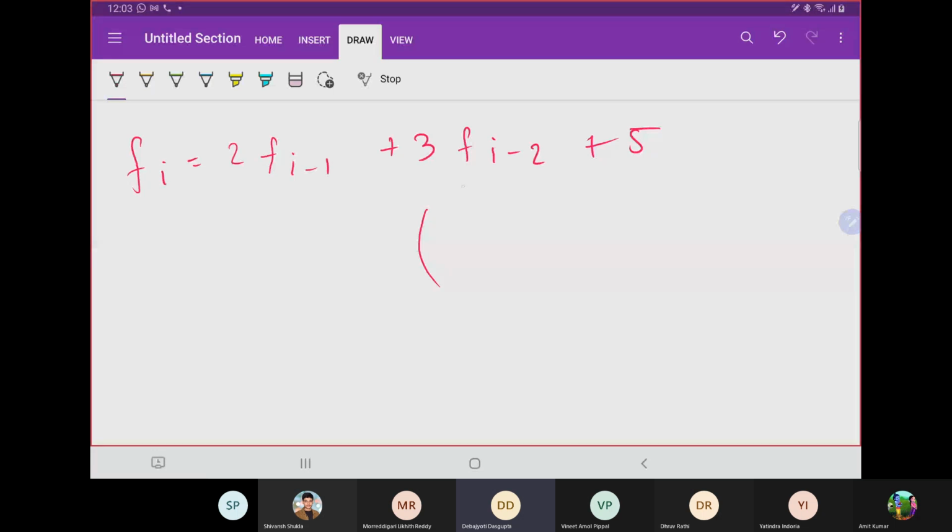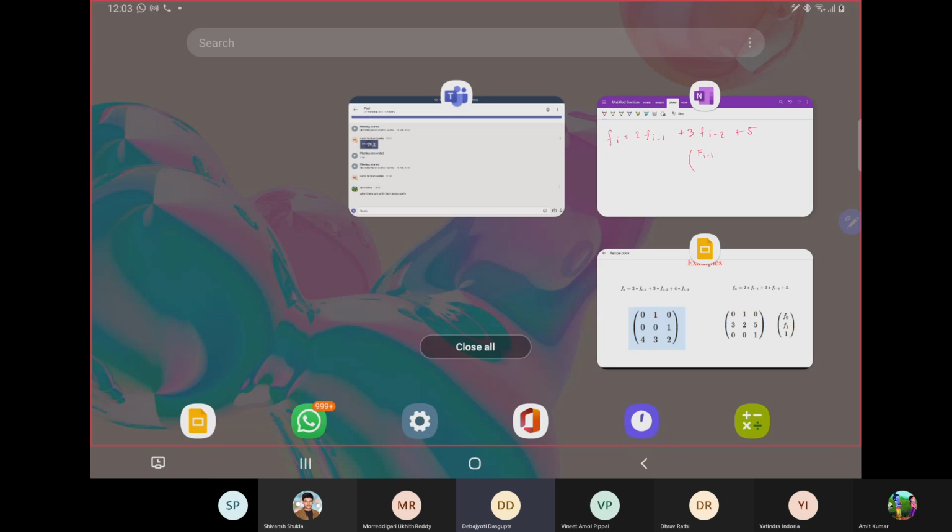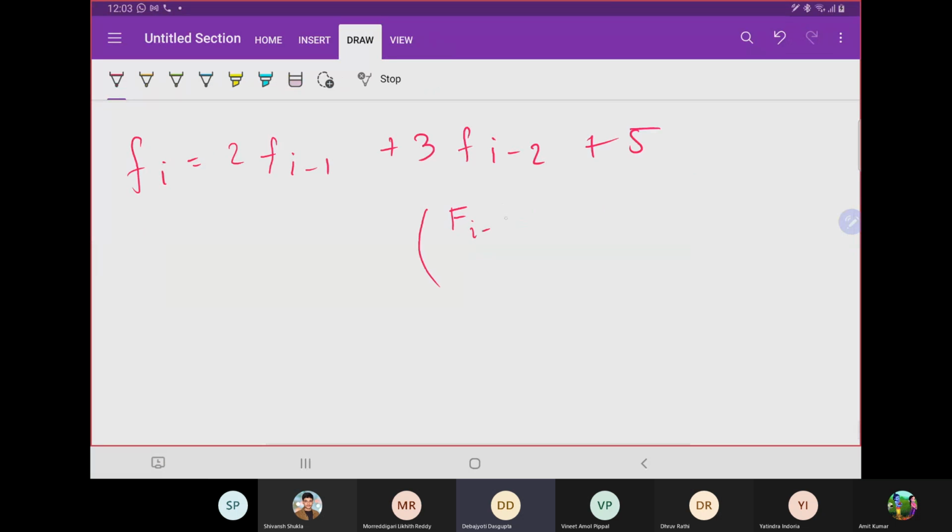This will be depending on two previous terms. I will write f of I minus 2 first, then f of I minus 1, and I will put a new term for the constant term. Since 5 is there, for the constant term we always put the factor of 1.